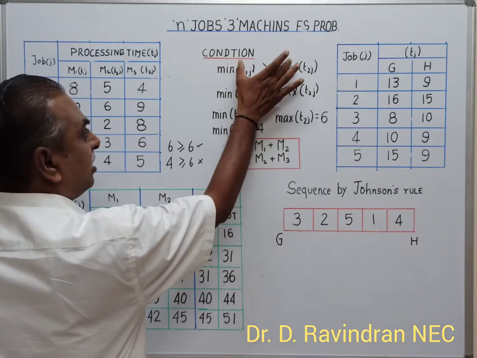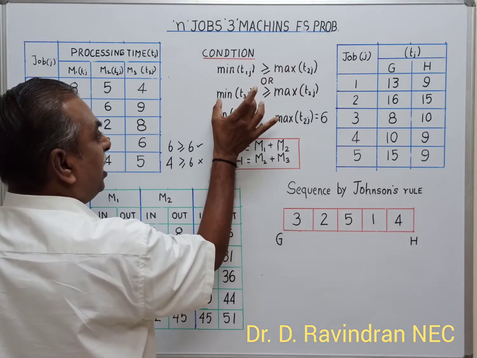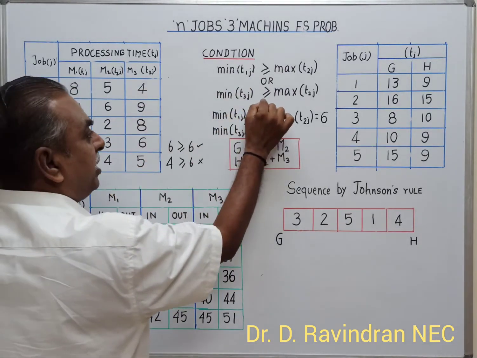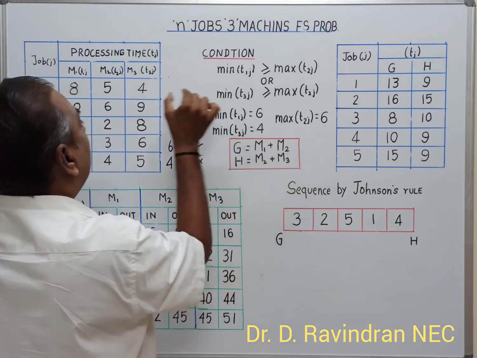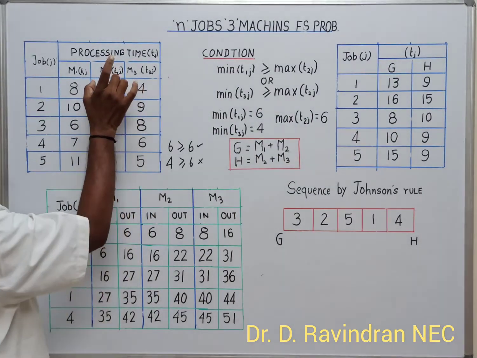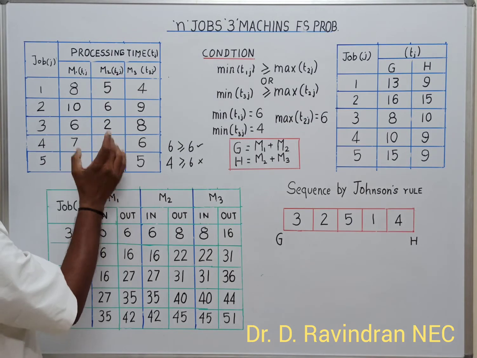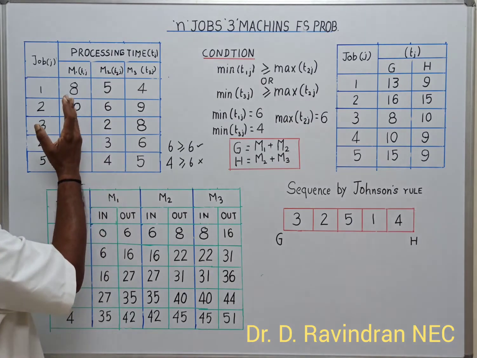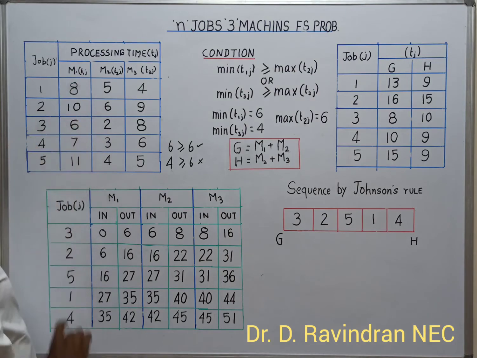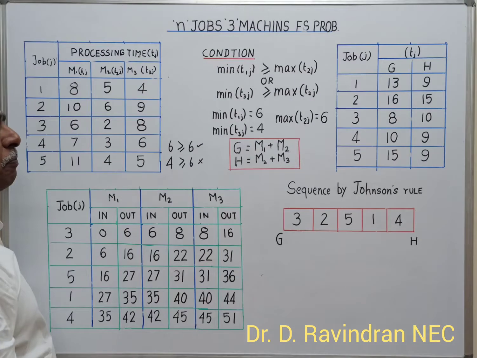Or either the minimum of T3 should be greater than or equal to the maximum of T2. That is, the maximum processing time of the middle machine should be greater than or equal to the minimum processing time of machine 1 as well as machine 3.